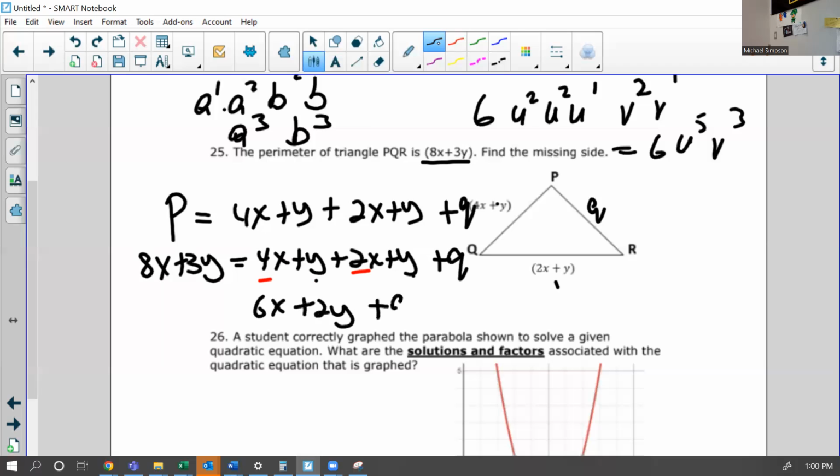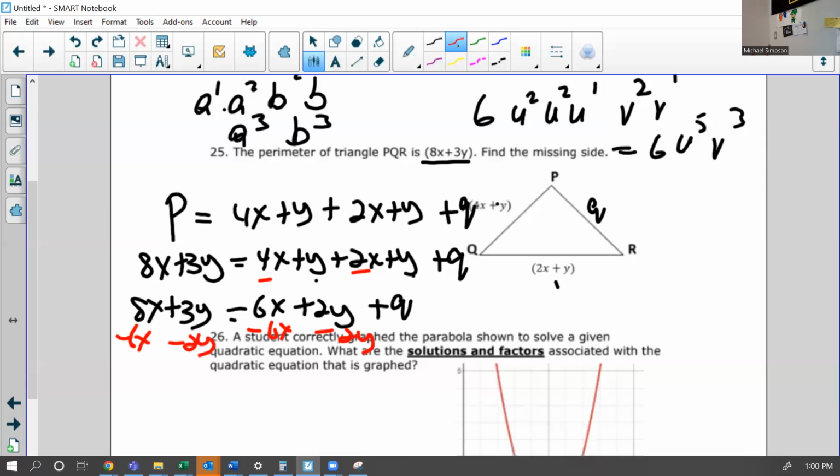And we have the q, and that is equal to 8x plus 3y. And you probably can see the answer already. All we're going to do is I want q by itself, right? Because that's what I want to find. So I'm going to minus 6x here, minus 2y, and then minus 6x here, and minus the 2y.